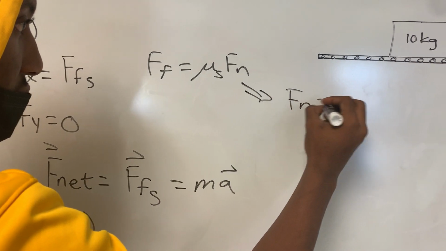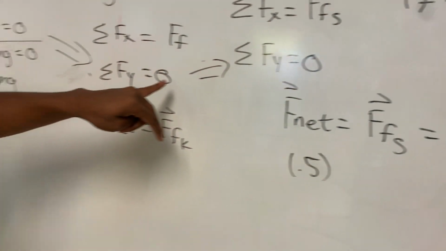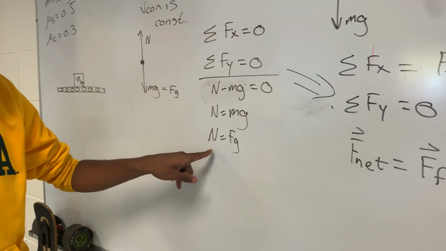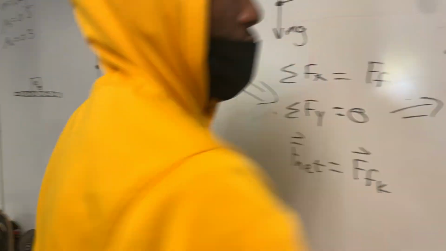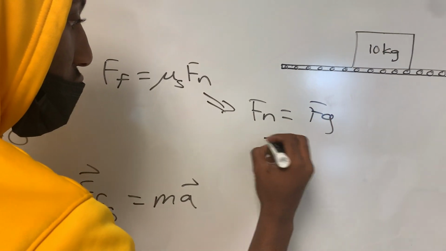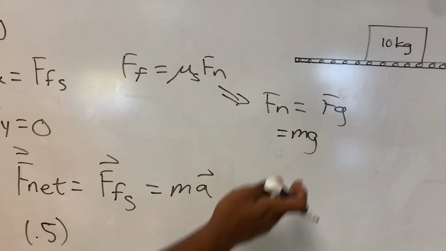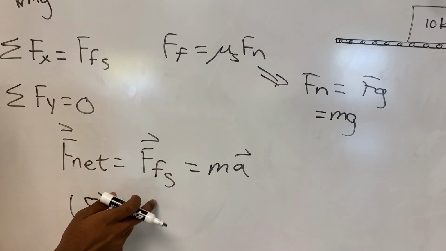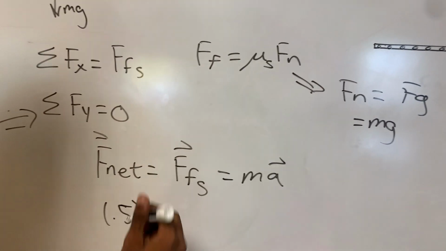Fn is equal to, just like in this case, Fg, which is equal to mg. So we can just substitute mg for the normal force here.